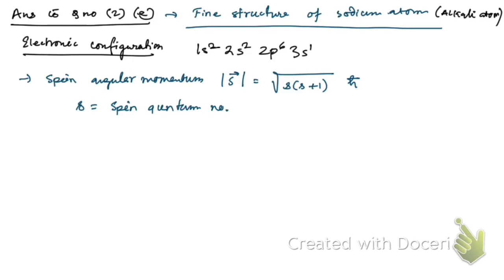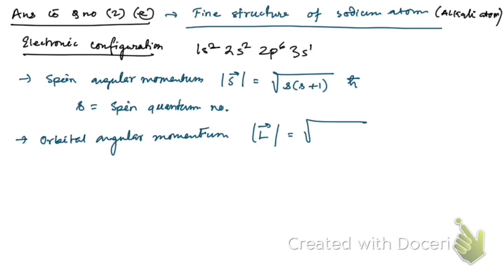And orbital angular momentum, that is given by root over l into l plus 1 into h cut, or you can write h by 2 pi, right?